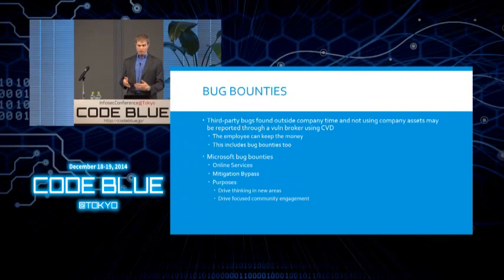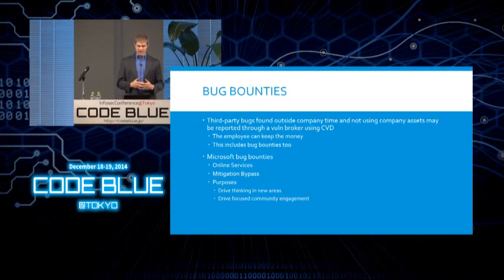Now, in order to qualify for that, you need to have found the vulnerability without using company resources. So to accept money, it needs to be purely your own work, using your own computers and your own accounts. You are actually allowed to use company computers and company tools. We have some very good internal security tools to find security vulnerabilities, but you're not allowed to collect a bug bounty for those things since you use Microsoft's assets to do it.